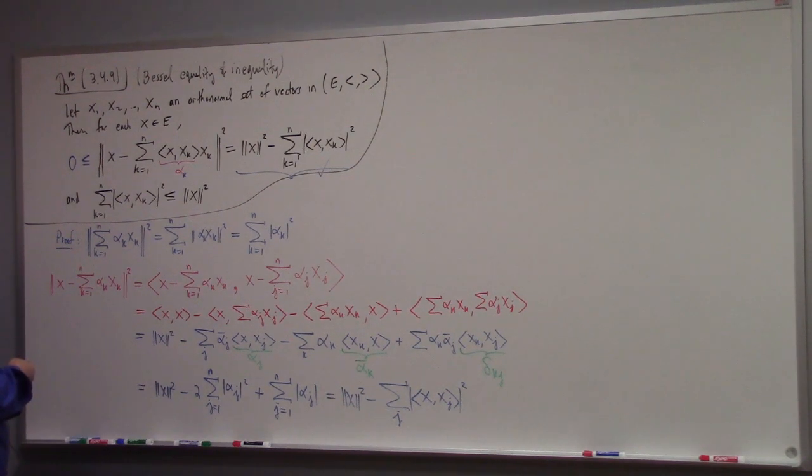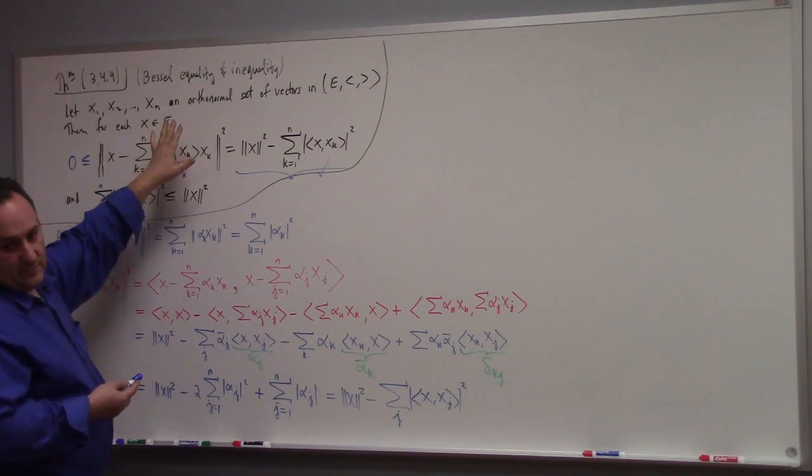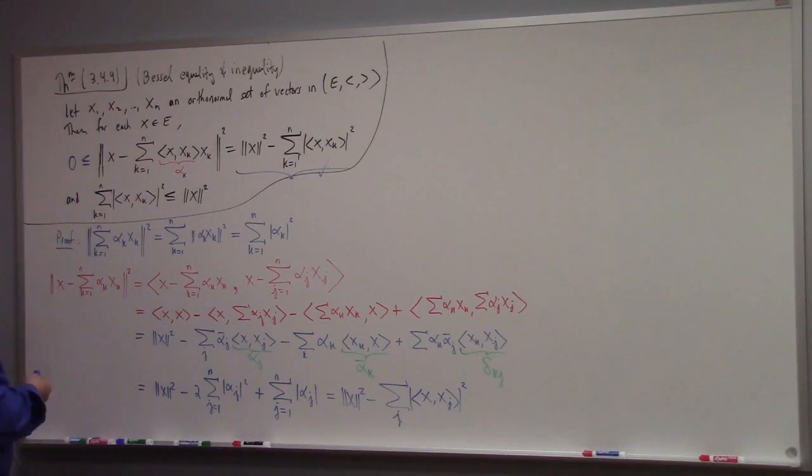And so if it was a basis, then this would just be equal to x, right? I mean, that would get the whole x back again. But it doesn't have to be a basis, and this is still holding.